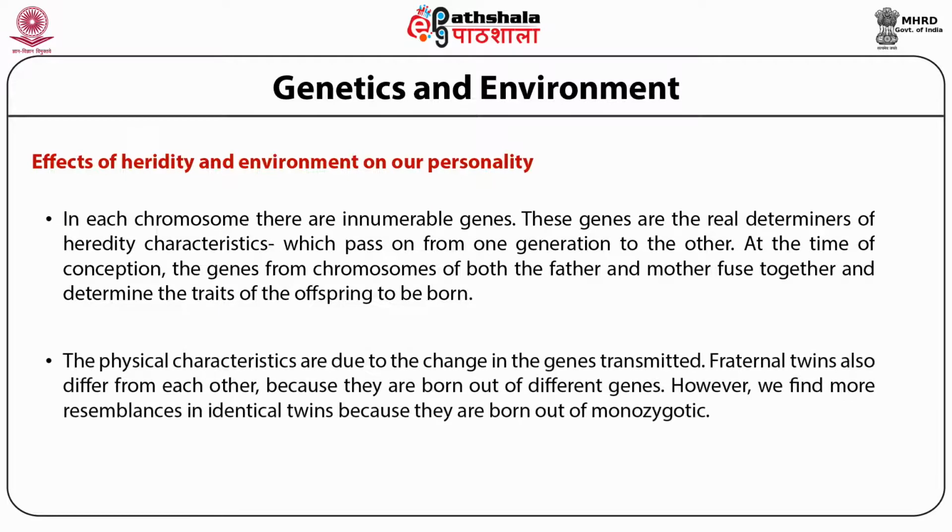The physical characteristics change due to the change in genes transmitted. Fraternal twins are different from each other because they are born out of different genes. However, we can find more resemblances in identical twins because they are born out of a monozygote.